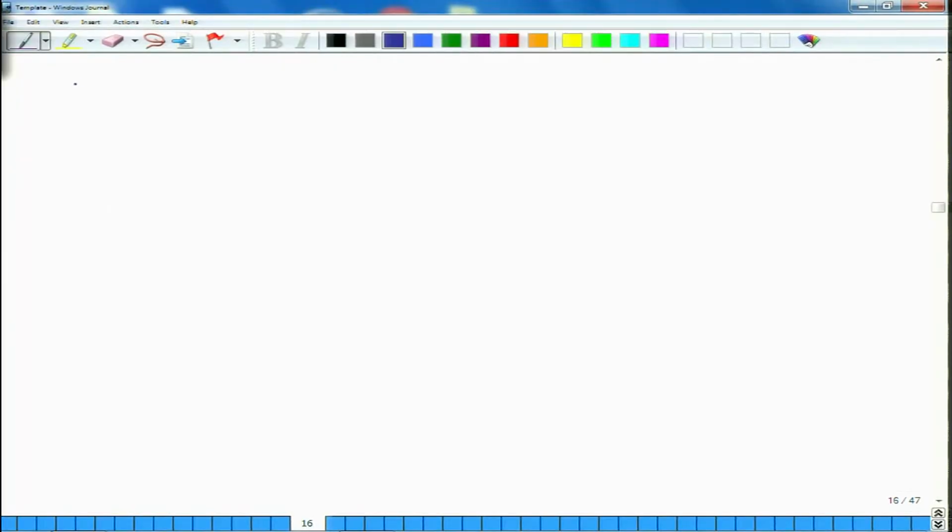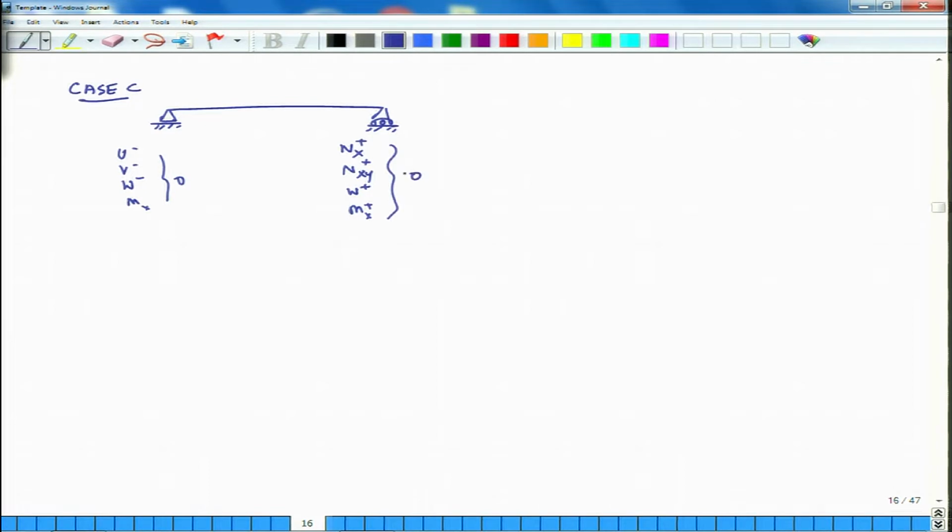So, let us recap. Case C: one end is pinned and fixed, and the other end is pinned but on rollers. So, here U, V, W and Mx, they are all 0, and on the other end you have Nx, Nxy, W plus and Mx plus, they are all 0.